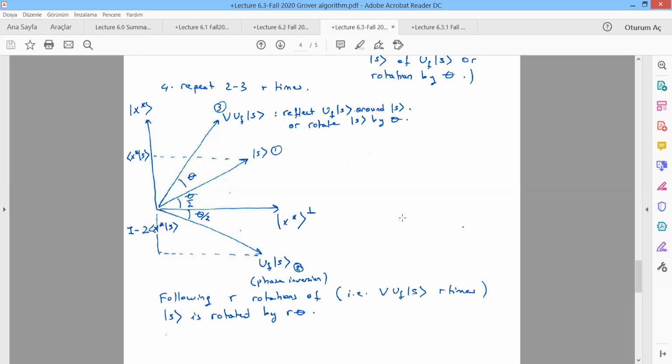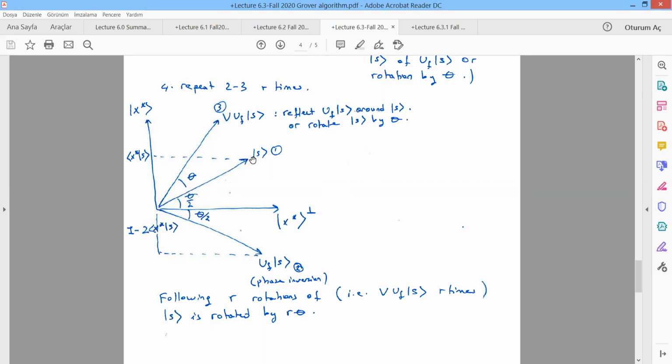I'll go over these arguments at the beginning of our next session. I'll summarize all the results in a neater fashion, and I'll also go over an operational argument to prove this theorem, because this was a geometric kind of proof.